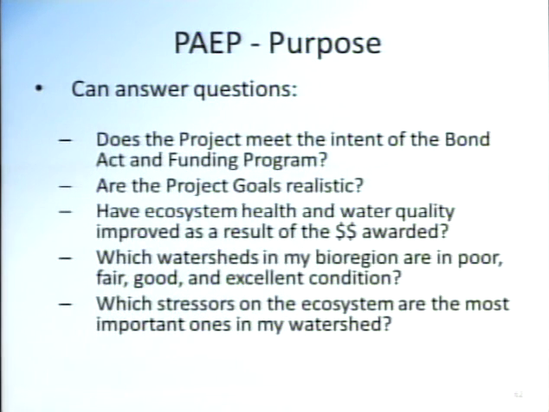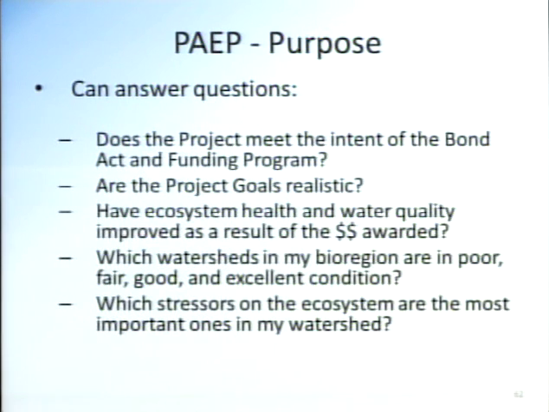As you go through and develop your PAEP, it walks you through the thought process to make sure that the goals of your project are realistic, and that when we get to the end of the project, we're actually going to be able to achieve those goals. So it's a good tool to check you and make sure you're not having too lofty goals on the project.